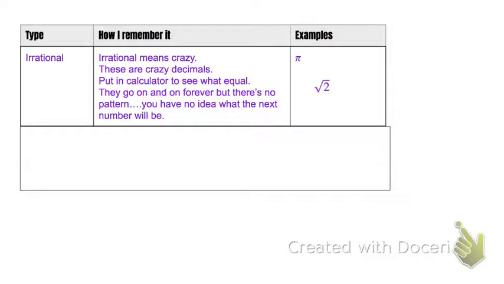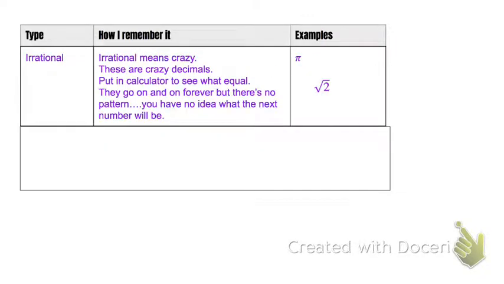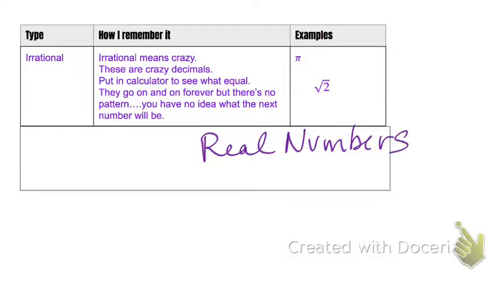So numbers are either rational or irrational. The irrational and the rational numbers are all considered real numbers. So that's the last one. Real numbers is a giant category.